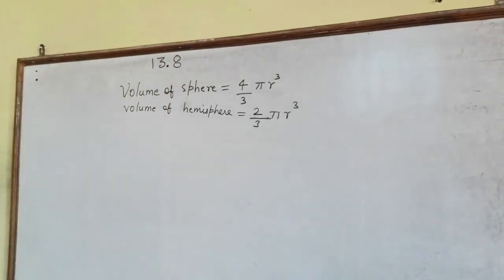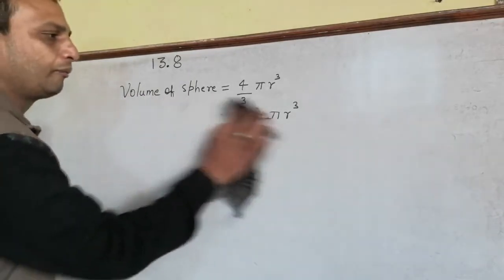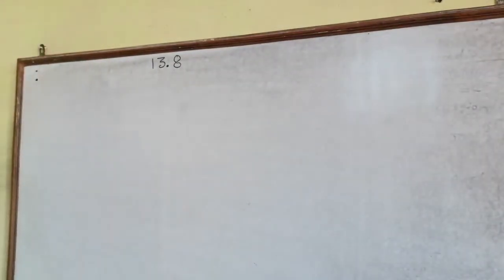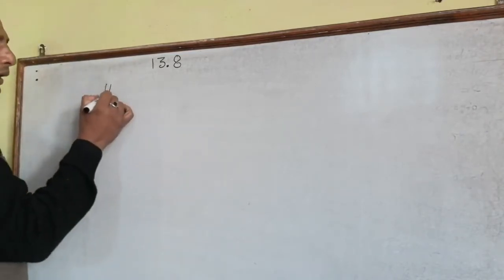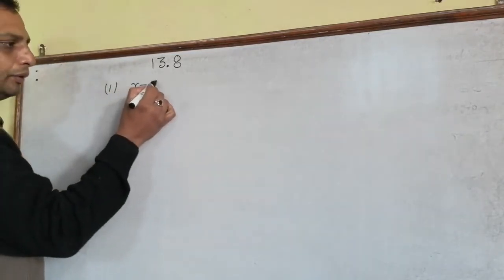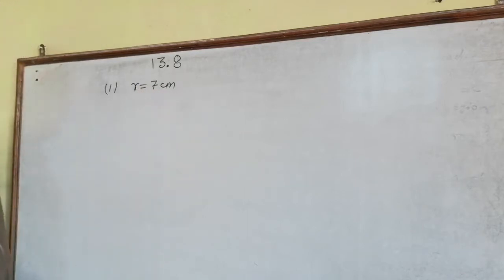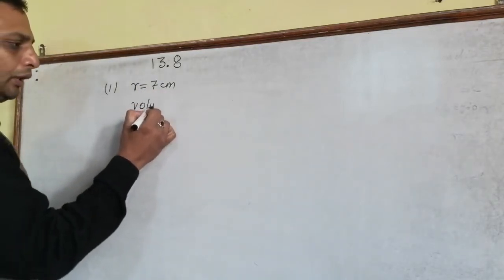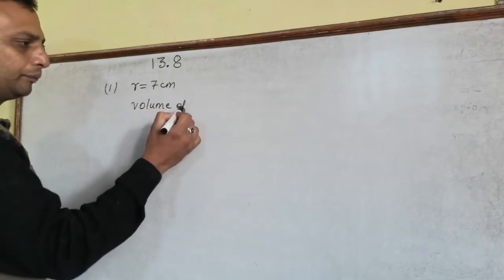I am going to rub this formula off, since you will use it in different questions. The radius is 7 centimeter and we have to calculate the volume of the sphere.